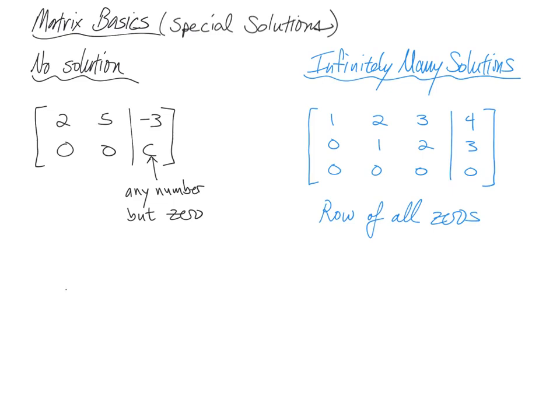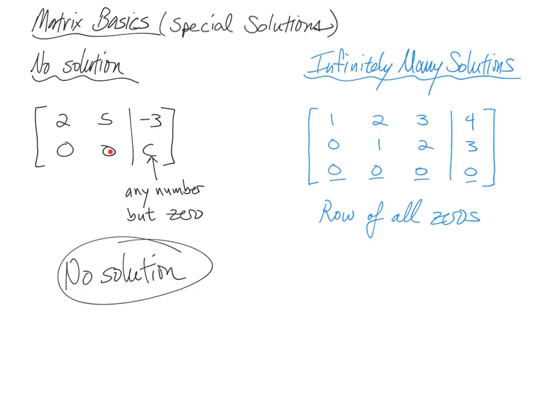If this happens, there will be no solution for your system of equations. However, if you end up with a row of all zeros, and it can happen anywhere, in the bottom row, middle row, top row, then if you get all zeros, that means you have infinitely many solutions.